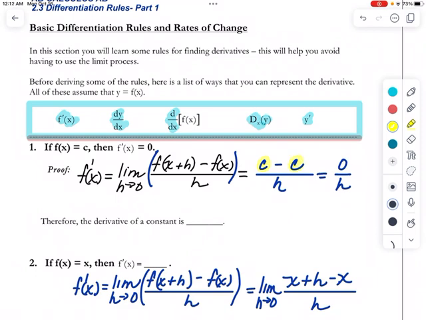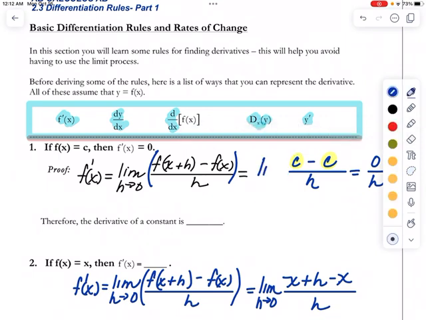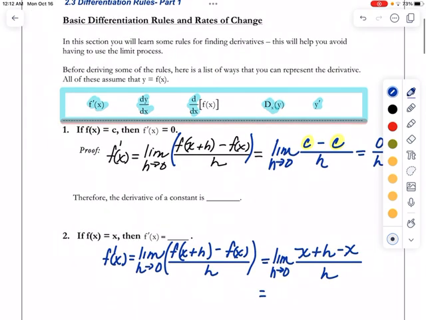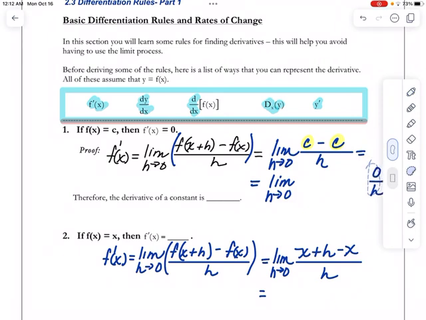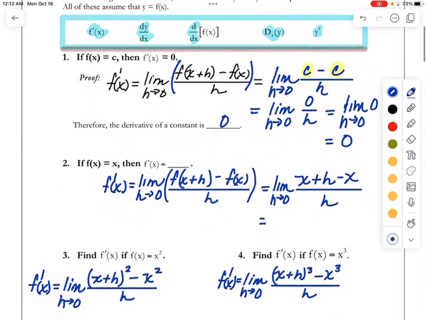So c minus c is 0, and we've got a limit involved here: the limit as h approaches 0 of c minus c, which is equal to the limit as h approaches 0 of 0 over h, which is equal to the limit as h approaches 0 of 0, which is equal to 0, the limit of a constant. And it is, of course, a constant. So therefore, the derivative of a constant is 0.